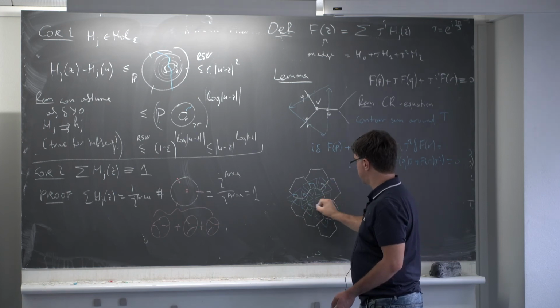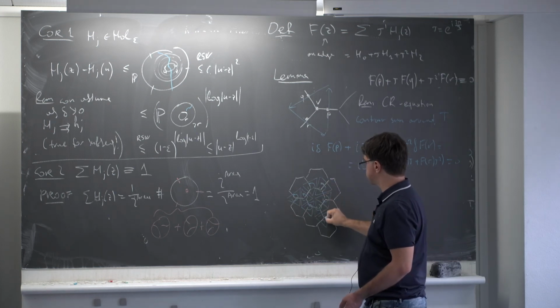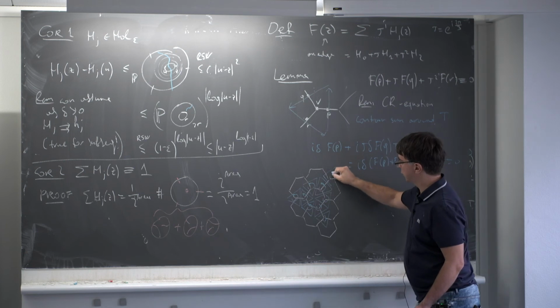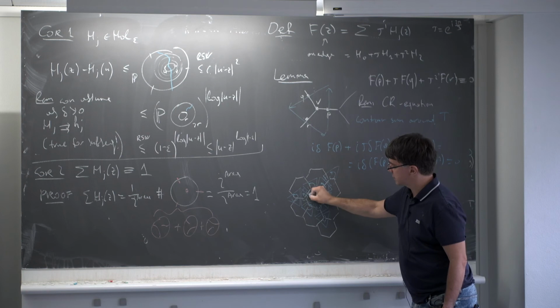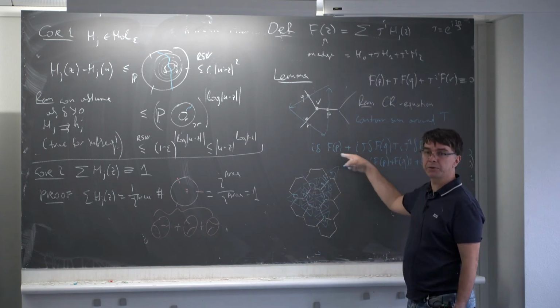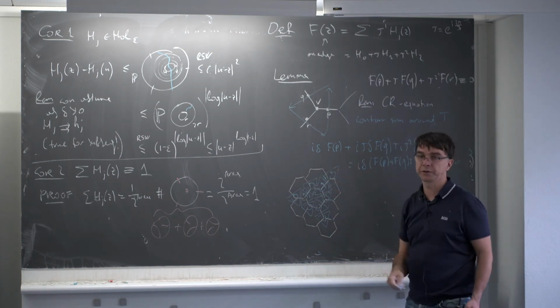If I contour sum over all triangles inside some contour, the edges inside will cancel out, so I'll get a contour sum along the boundary.